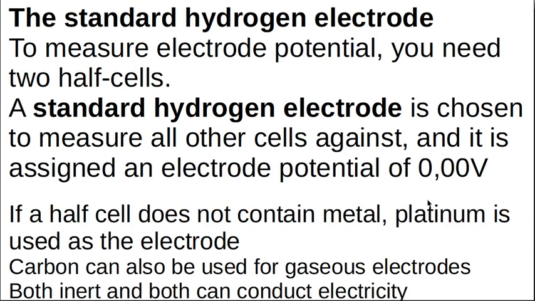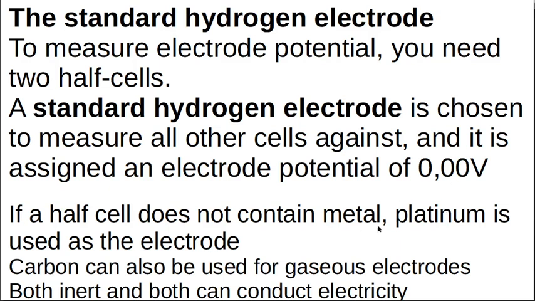So what you do is you put the platinum in to conduct the electricity and you surround it with a little container of gas. You can sometimes use carbon as well, but they more commonly use platinum in industry and in really big labs. We would use carbon because we don't have the money for platinum.